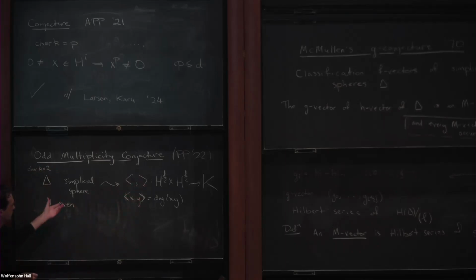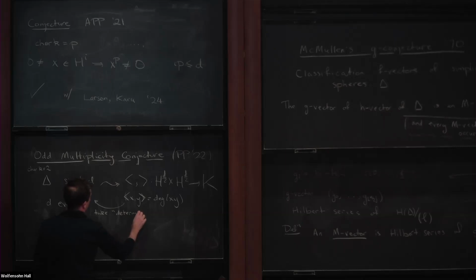And the conjecture was that this is now a one-to-one mapping, so that you can recover the simplicial sphere. There's a well-defined notion of a determinant of a quadratic form.